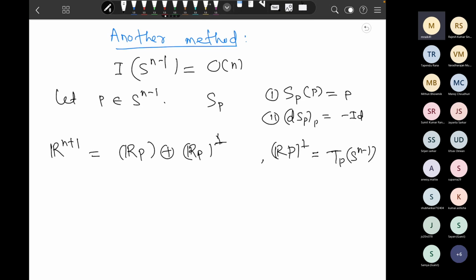I have to specify SP, but I already know that SP will be a linear map. Also, on RP, since SP fixes P, SP will be identity.